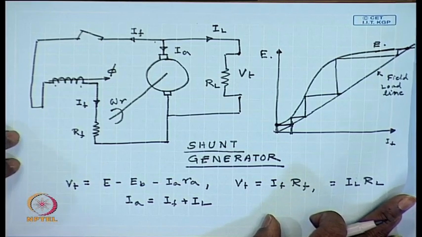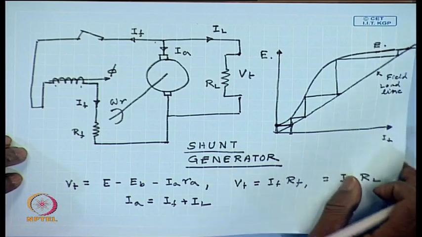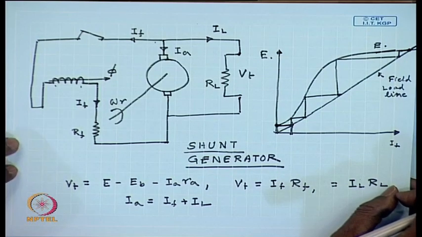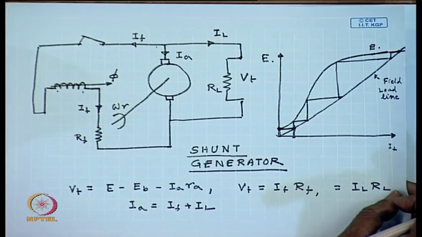Now, it has to be understood that this self excitation process requires certain conditions to be satisfied before an appreciable voltage is generated across the terminal of the generator at no load. Let us look at those conditions.